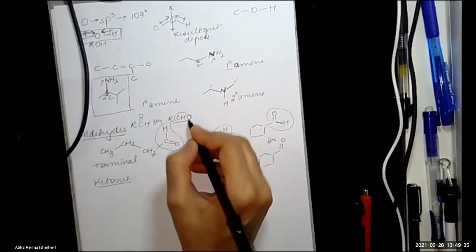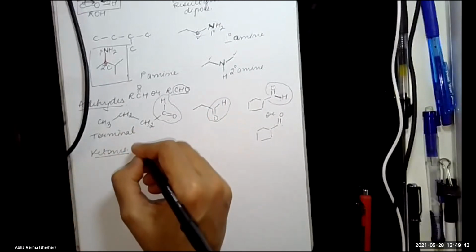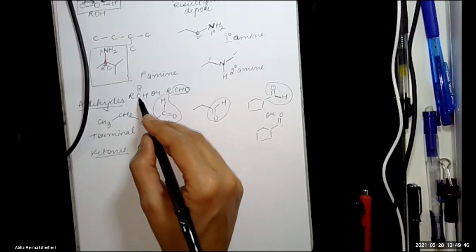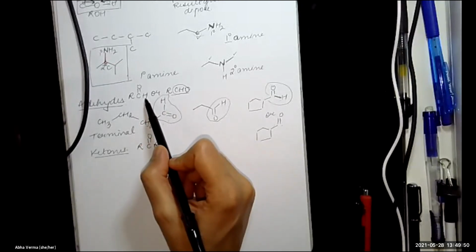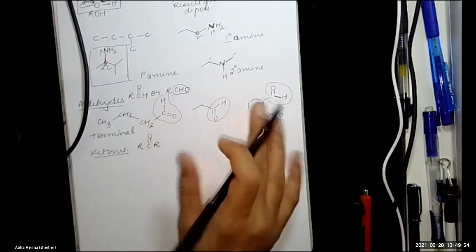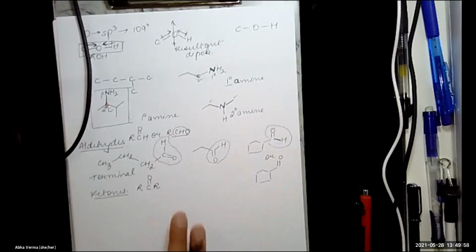CHO just generally indicates you have an aldehyde on your hand. But in ketones, you have the R, you have the C, the carbonyl, and instead of H, you have your R. Now this is very similar to what we studied for alcohols and ethers.